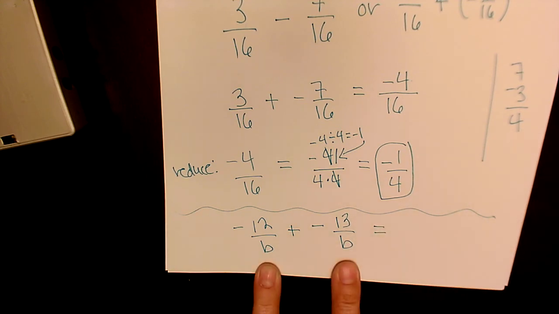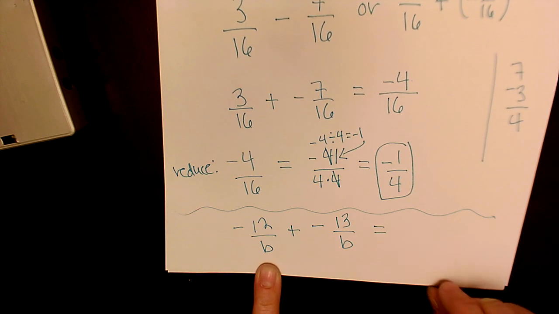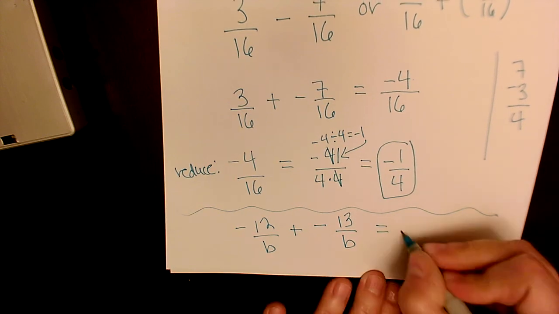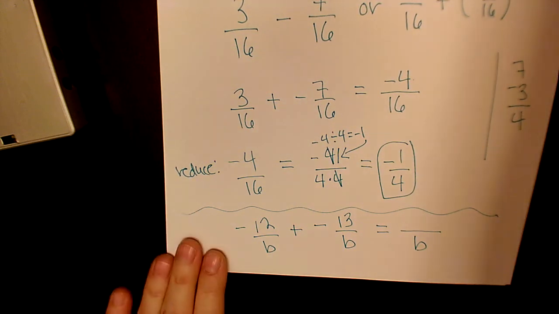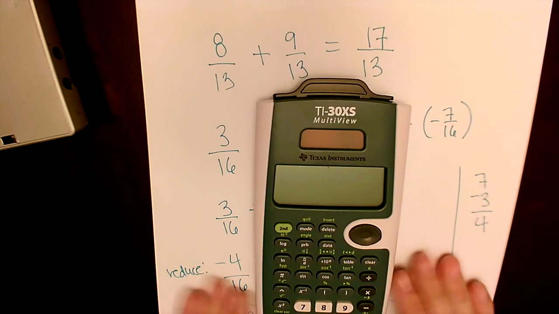Okay, they both have the same denominator, which is b, so we just bring the b over, and I'm adding 2 negatives, so I'm just adding them together. What's negative 12 and negative 13? If I add negative 12 and negative 13, let's see.